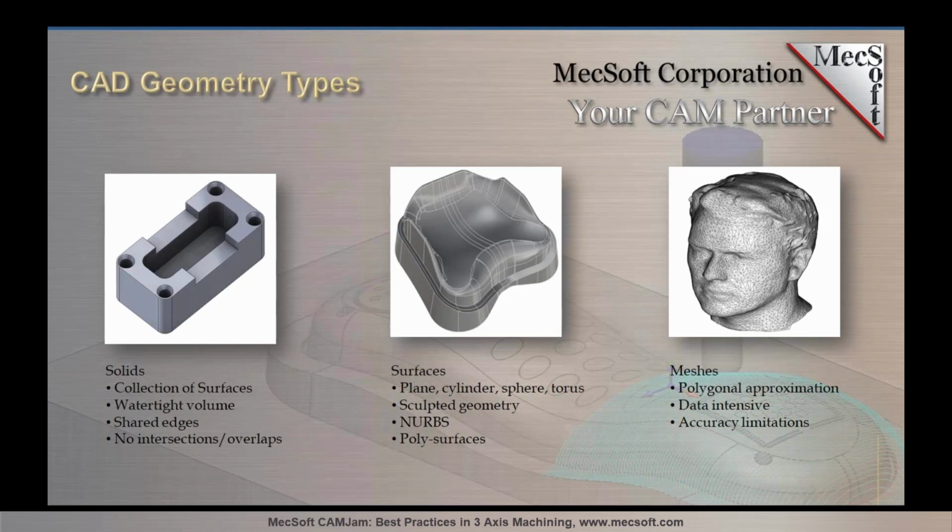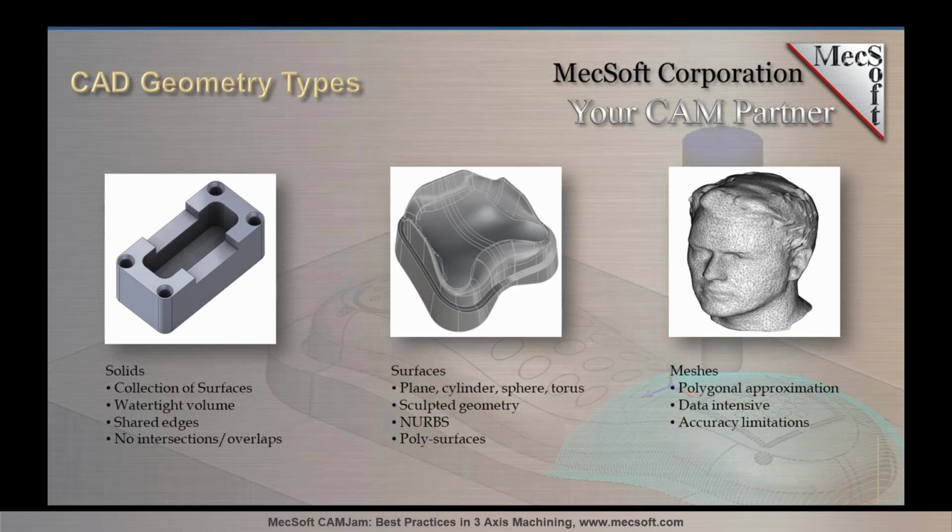The last type that we will mention here are meshes. Meshes are essentially a polygonal approximation of the geometry. One example of where you might receive meshes is from scanned data. One thing to keep in mind is that mesh geometry can be data intensive in terms of calculations.